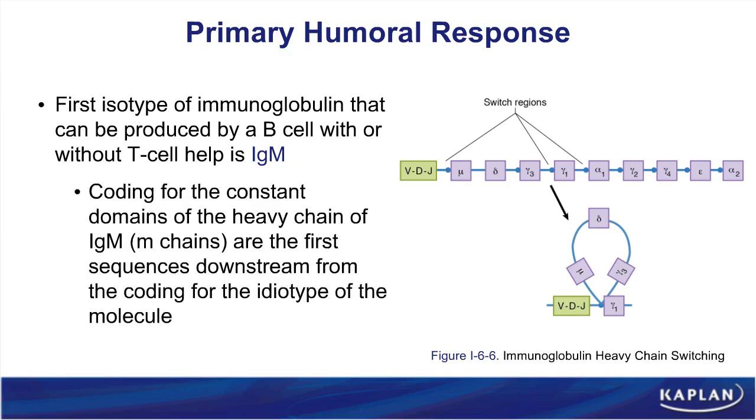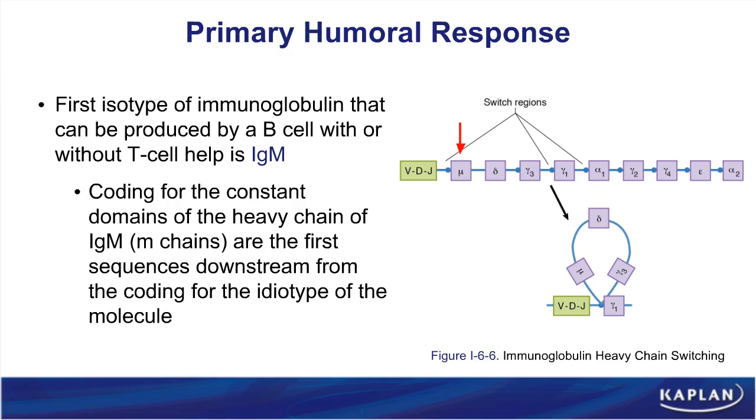We know that. We know it's important. We know that IgM is indicative, if we find it, of an acute infection. Now, it's really of no coincidence that IgM is first, because if we take a look at the gene structure here, we can see that mu is actually the first constant region downstream from the variable region. So that actually should make perfect sense.